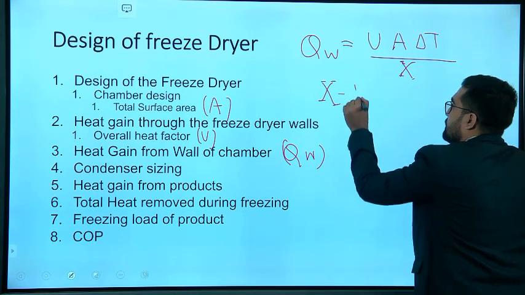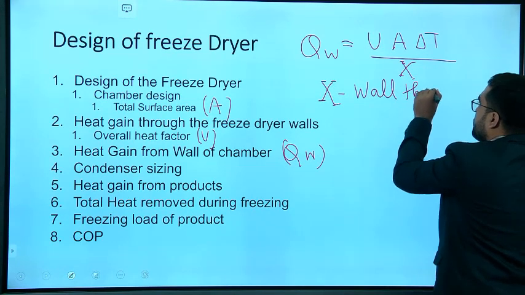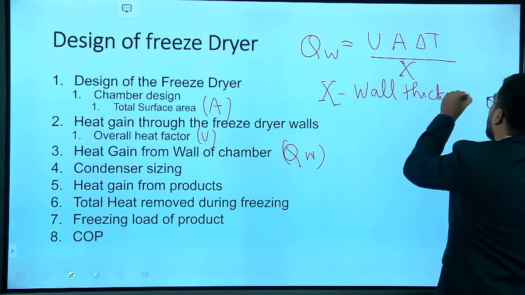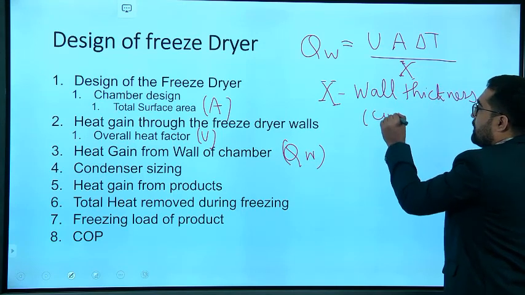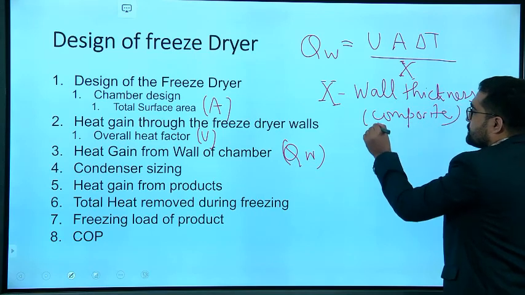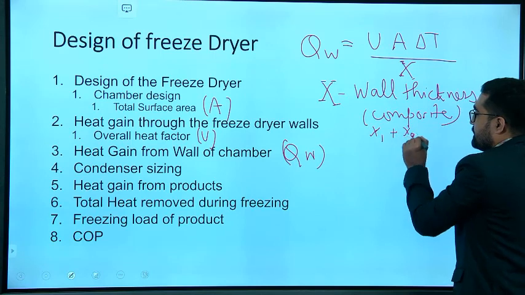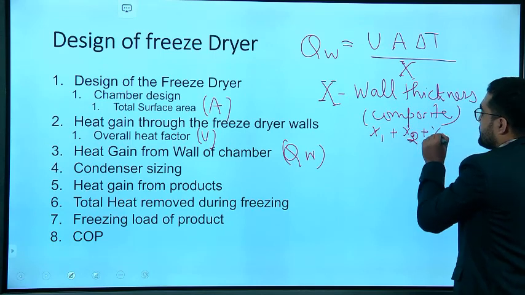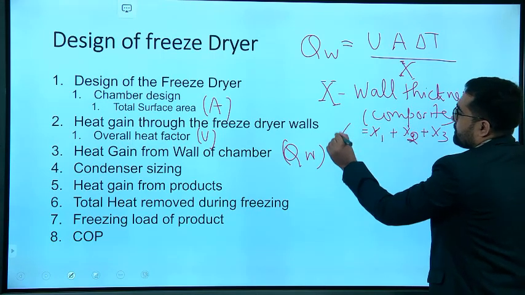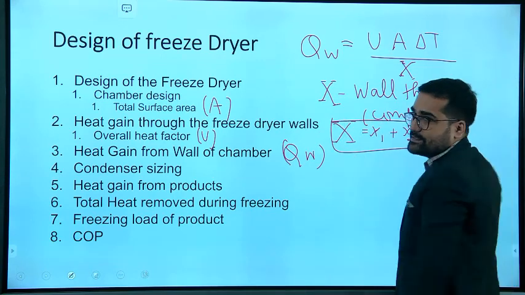X is the wall thickness of the composite wall, which is equal to x1 plus x2 plus x3 if we have 3 different materials. This is how we will find out X.